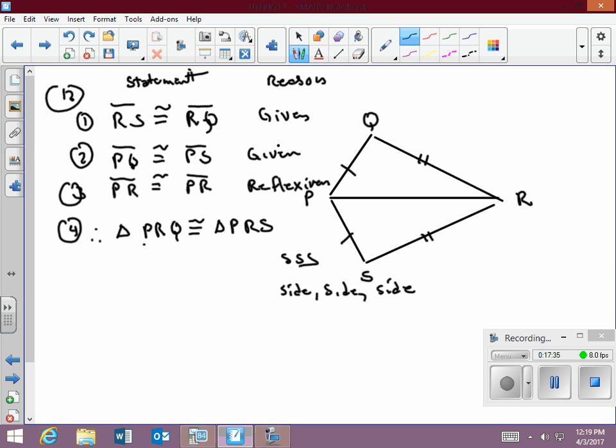It's one of the theorems stated on page 200, side, side, side congruency. That's postulate 4.3 on page 201, the congruence postulate: if three sides of one triangle are congruent respectively to three sides of another triangle, then the two triangles are congruent. It's just shorthand saying side, side, side.